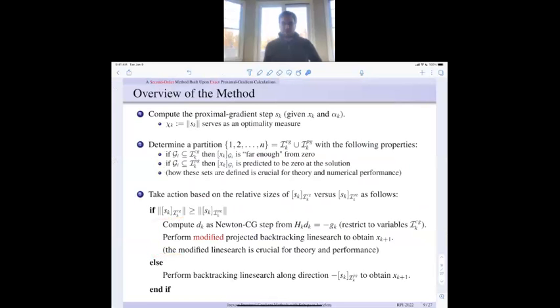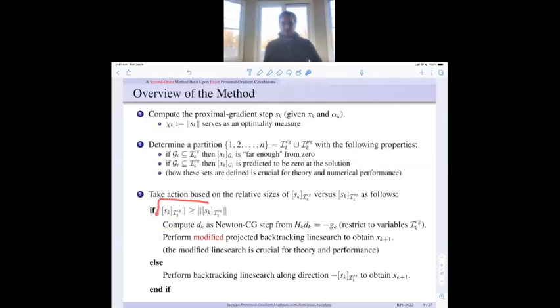That is everything that we do in this case. We compare our measures of optimality for those predicted to be 0 versus those predicted to be non-zero. If the ones predicted to be non-zero have a larger optimality measure, then we compute an approximate Newton CG step, then perform this modified projection like I just described, and that's it.